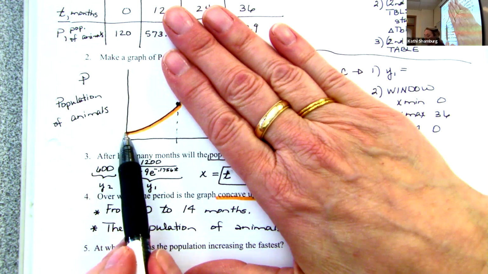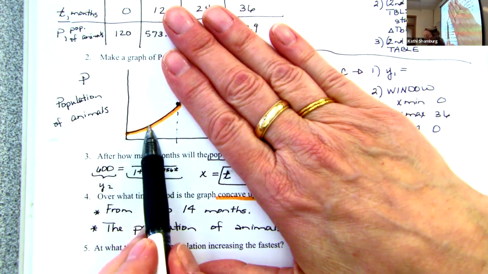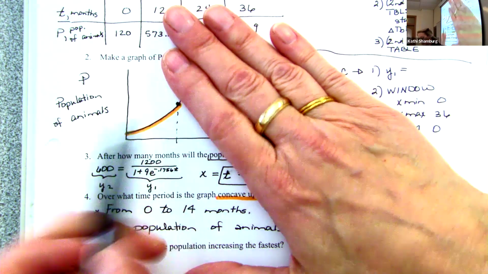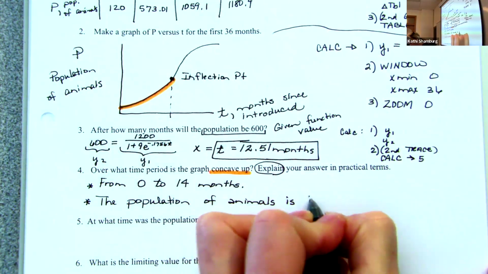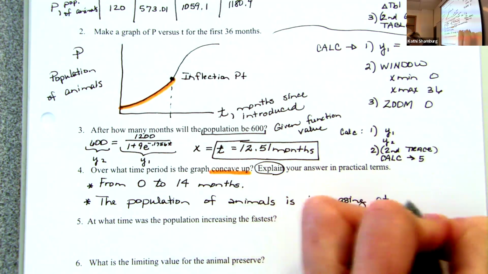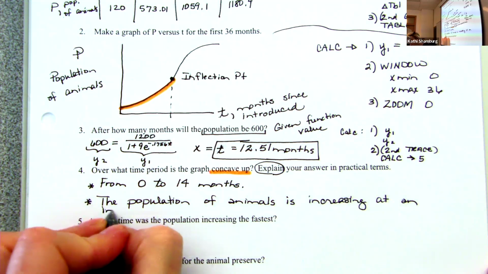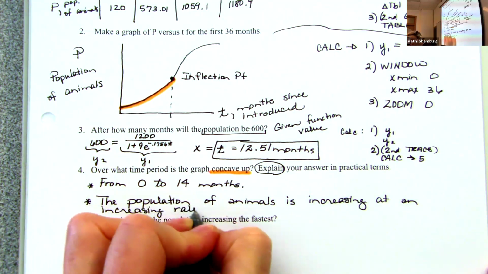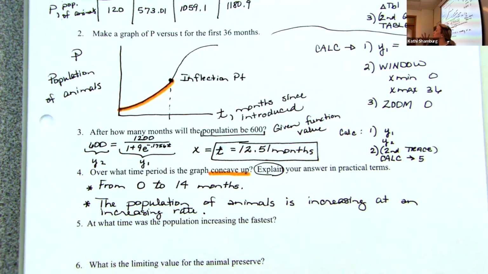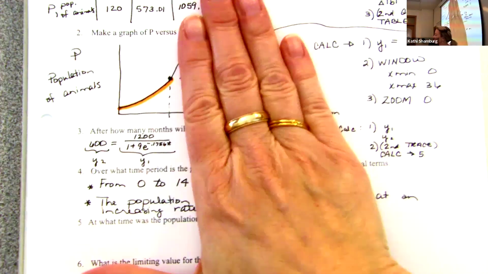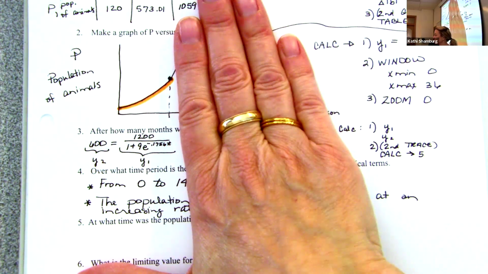So what is this function doing? It is increasing at what rate? Increasing rate. Now, if we were describing the whole function, we would say it's increasing at a decreasing rate, but we're only describing this portion of it.